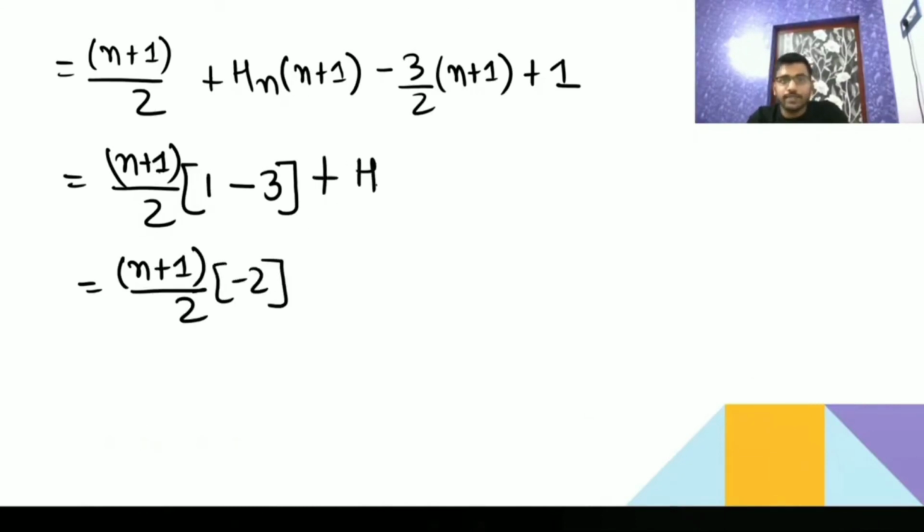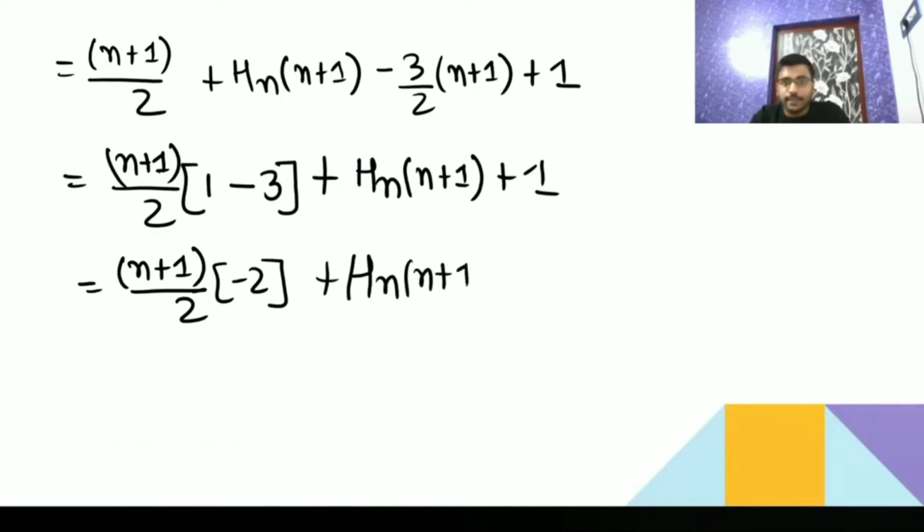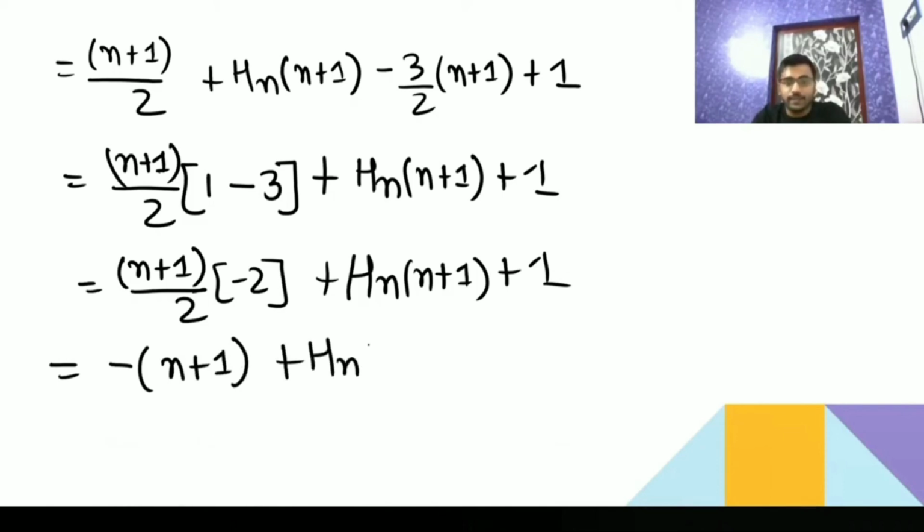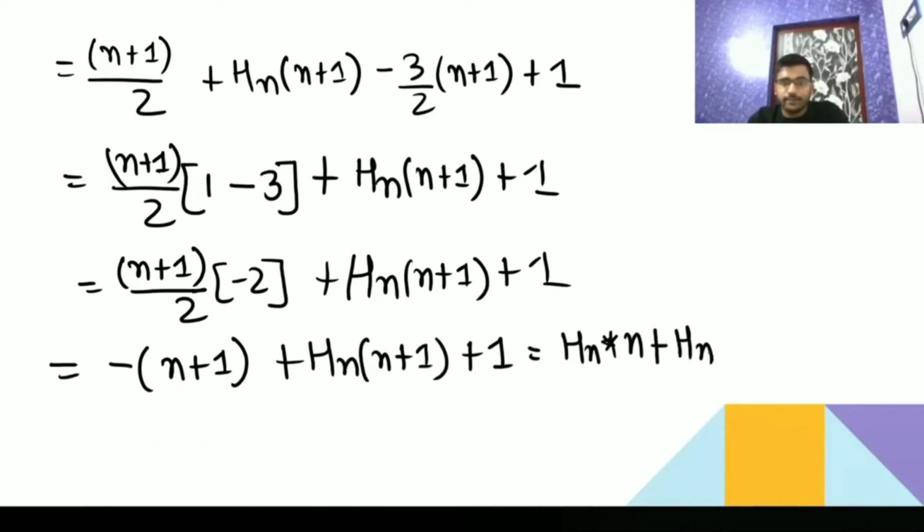There it will be n plus 1 plus 1. That 2 will get cancelled out. So write Hn+1. We are going to get here minus n plus 1 plus Hn plus 1 plus 1. So it will be Hn 2n, then Hn.